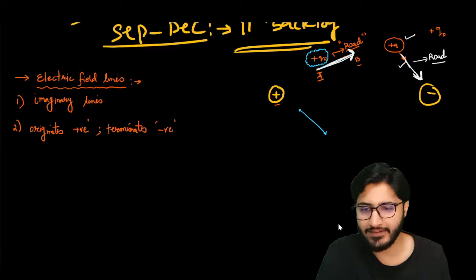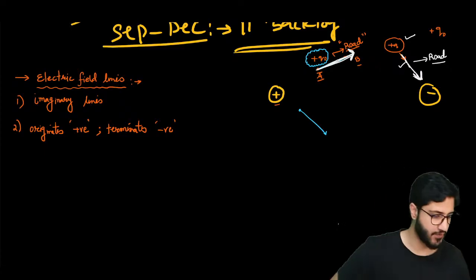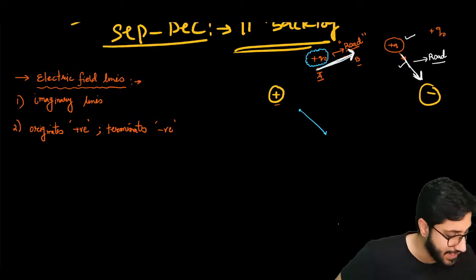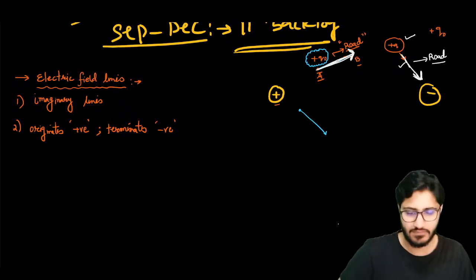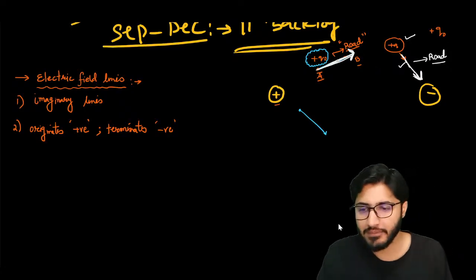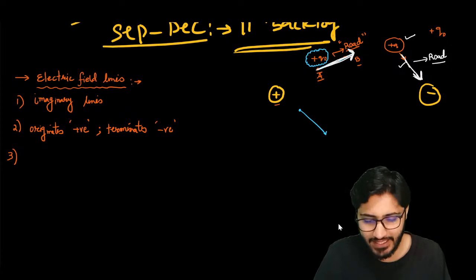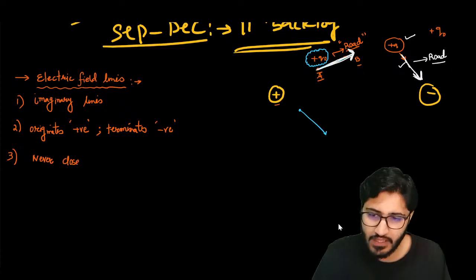So my electric field lines originate from positive and terminate at negative. Okay. And my electric field lines, I can write here, they will never form a closed loop.